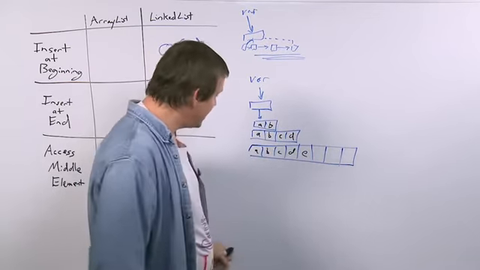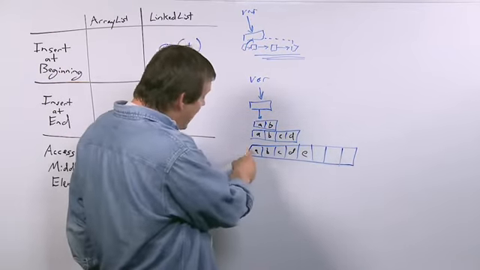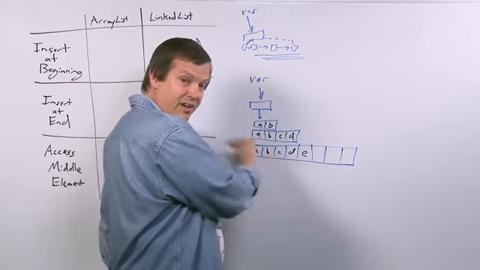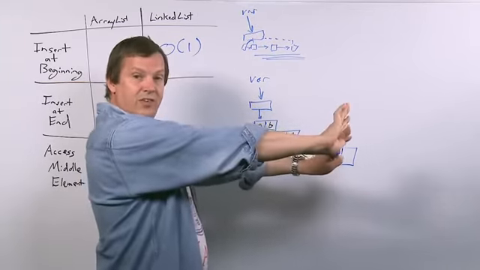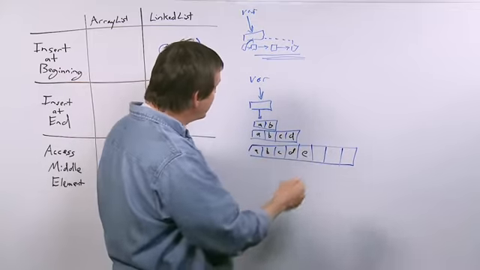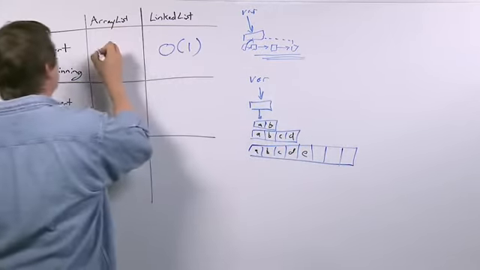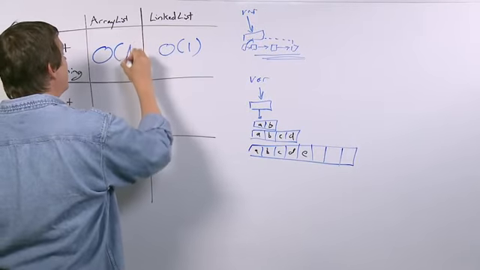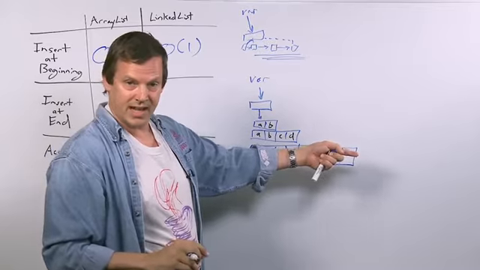So how long does it take to insert something at the beginning? Well, you can't just add something at the beginning of an array. Arrays are contiguous chunks of memory. So what do you do? You have to shuffle everything down. So if you insert something at the beginning of an array list, the performance is big O of n. It's directly proportional to the size of the list.